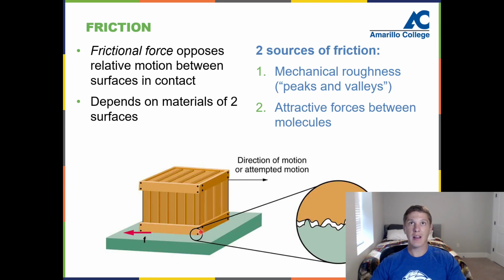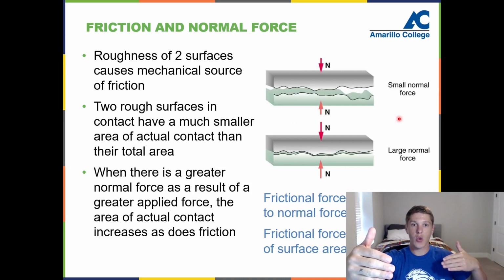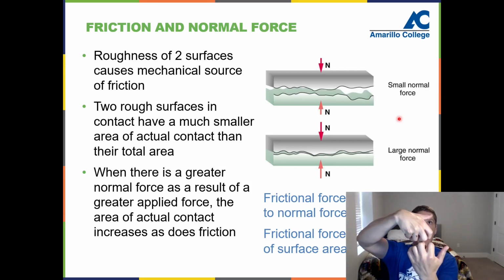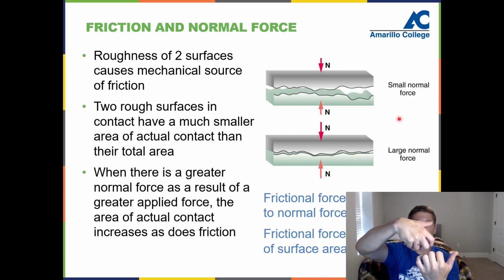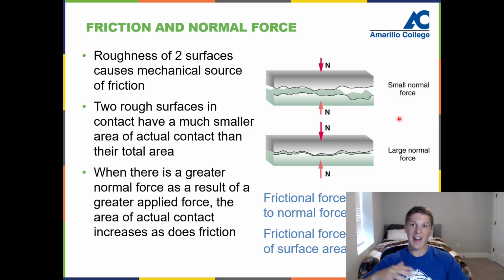And that comes back down to this model that we have of the rough surfaces where they interact. So even though that box is, let's just say, 2 foot by 2 foot, so it's 4 square foot, even though you would say there's 4 square foot of contact surface, that is not actually accurate. Because you have all of these peaks and valleys, that entire 4 square foot of surface is not in contact with each other.